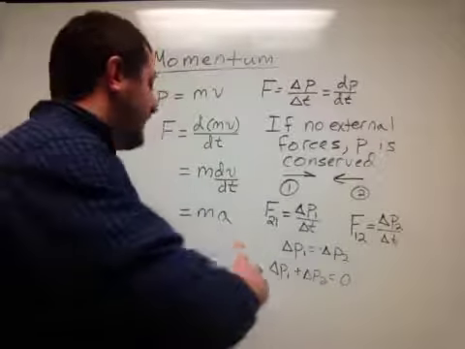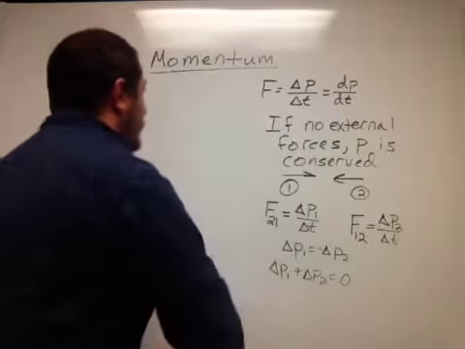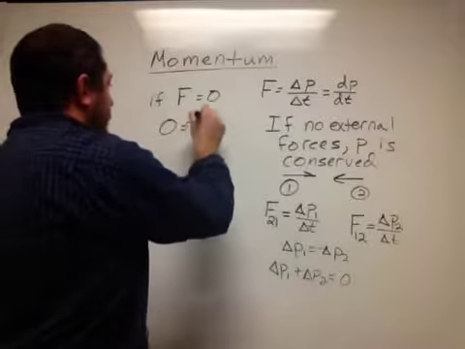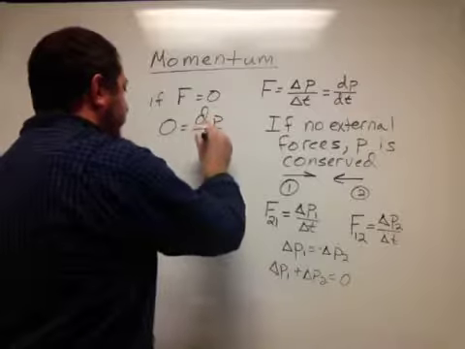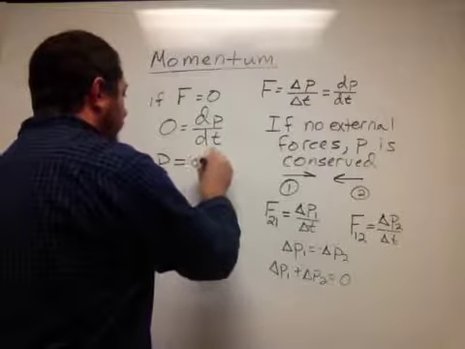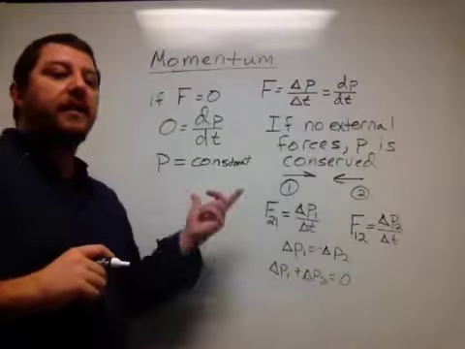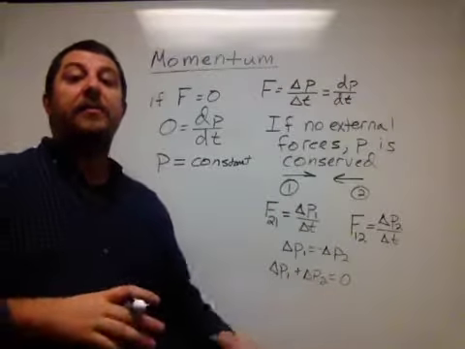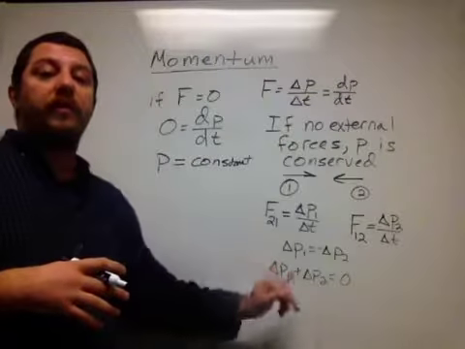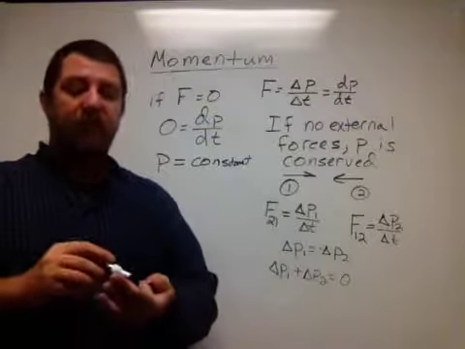And so if F is 0, then that means that 0 equals dp/dt, and that implies that the total momentum is constant. So my total momentum being constant, my change in momentum being 0, meaning that no momentum was gained or lost, these two statements are equivalent. These two statements are consistent with one another, and that's what the conservation of momentum implies.